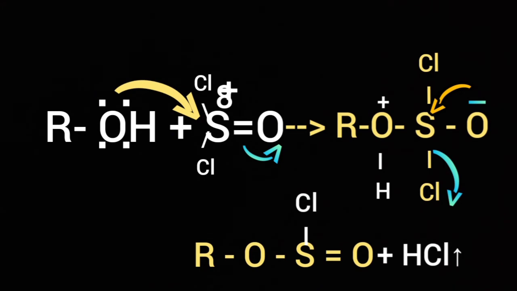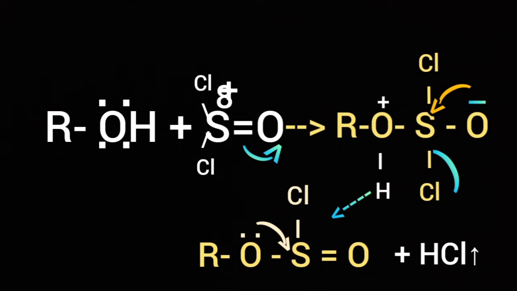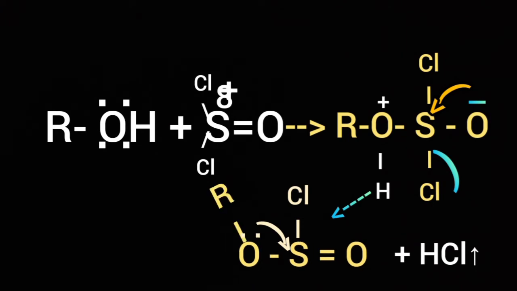In alkyl chlorosulfite, chlorine is negative. The lone pair on oxygen between R and S will form a pi bond with sulfur. Then the R-O bond becomes weaker. R becomes partially positive.